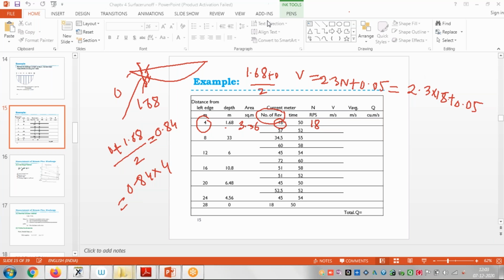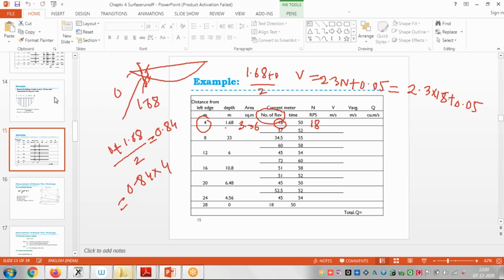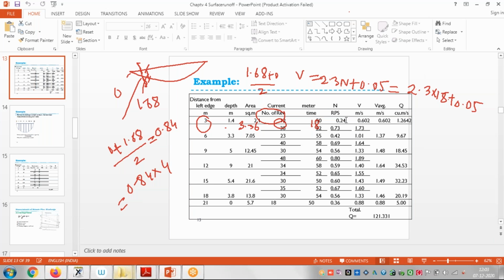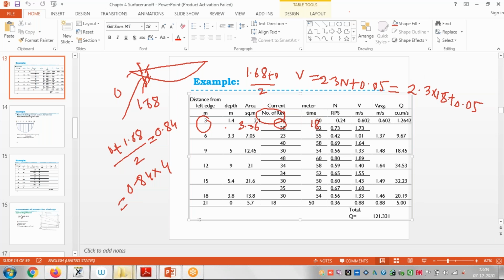So here once again we will check. See here, 2.3 into n. Suppose you check here so that you will get your solution. 2.3 multiplied by 0.24 plus 0.05, you get 0.602, right?